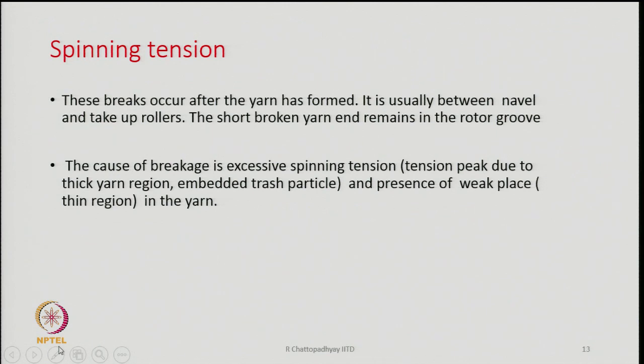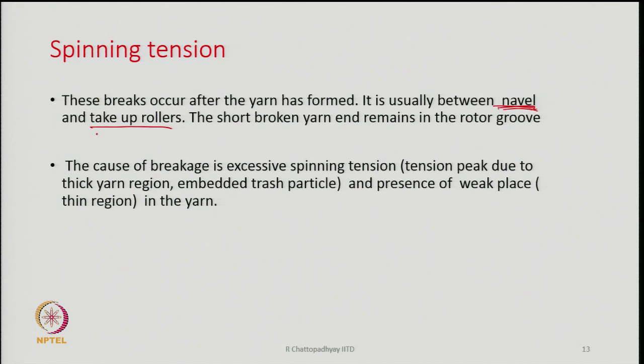So, with spinning tension, the yarn may break within the rotor, or between the navel and the take-up roller, where the tension is actually maximum; then part of the yarn will stay back in the rotor. If we open the rotor housing or rotor box and check what is there in the rotor, we will see twisted yarn lying there.